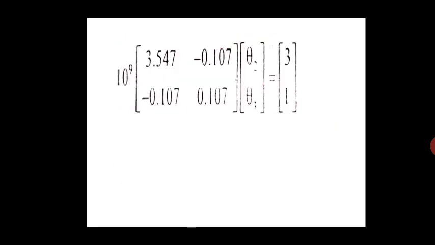So on solving, we have the reduced equilibrium equation as 10 raised 9 into [3.547, minus 0.107; minus 0.107, 0.107] into [theta 2, theta 3], that is equal to [3, 1]. Here this is the reduced equilibrium equation.